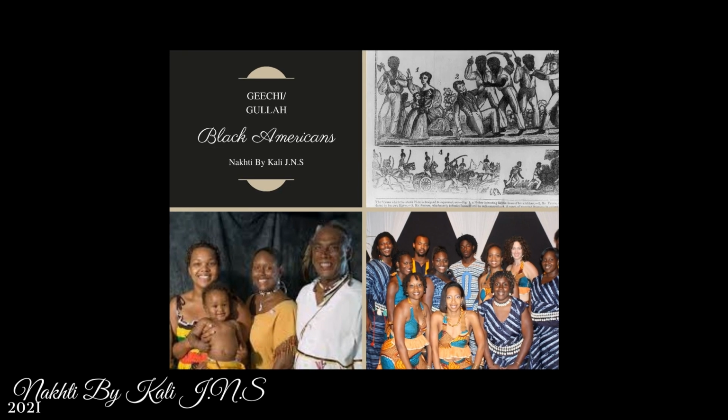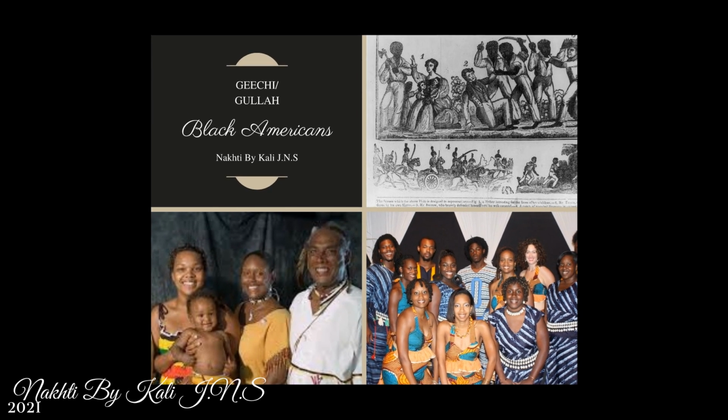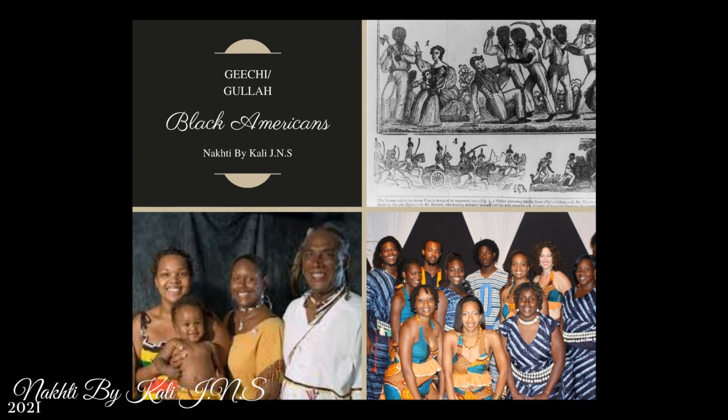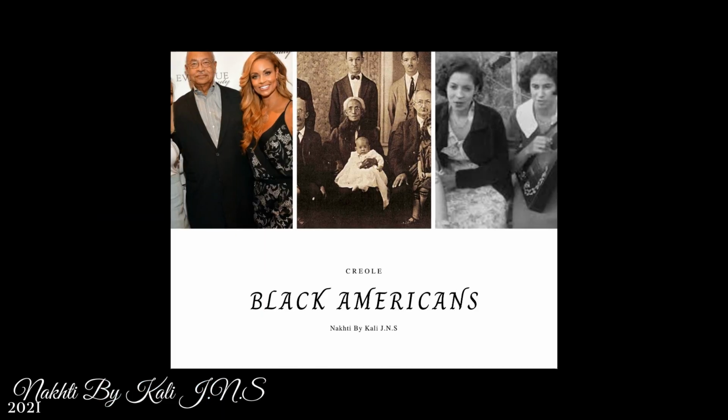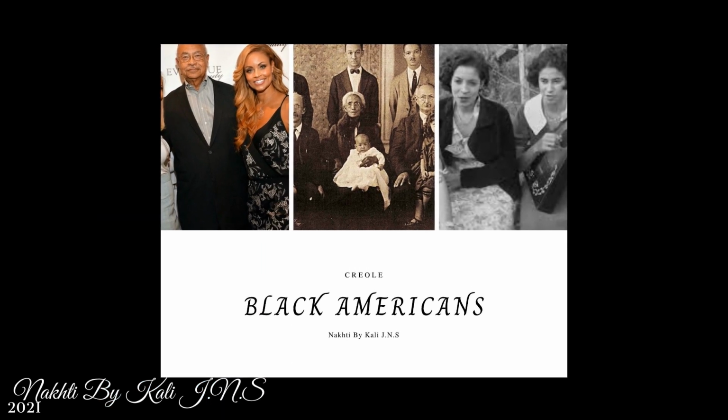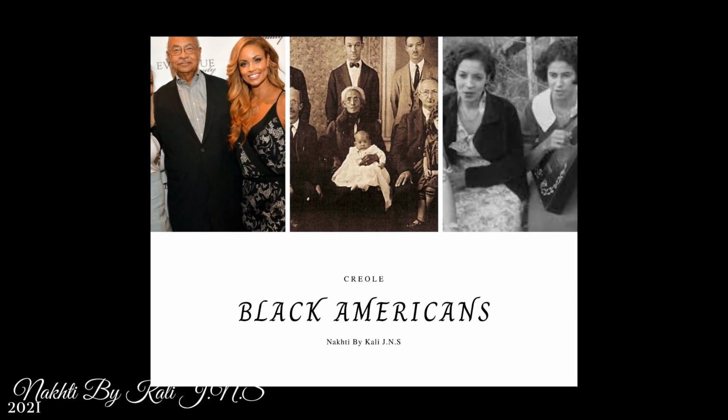Because when you're able to distinguish your look, this is how you're able to recognize one another in a split second. We also want to understand the look of the subcultures among us, such as the Geechee, which is also referred to as the Gullah, and the Creole, which is also a subgroup within Black American culture.